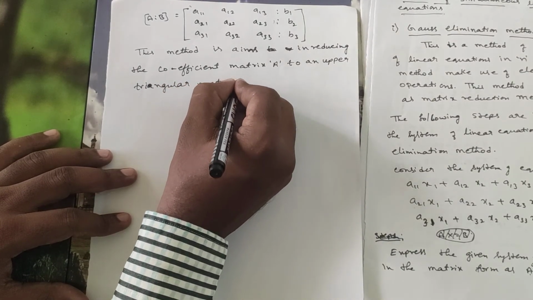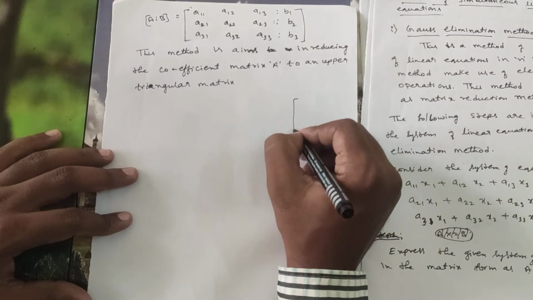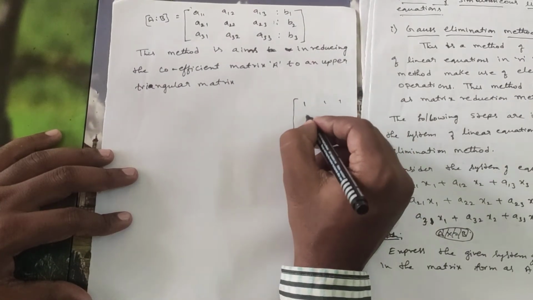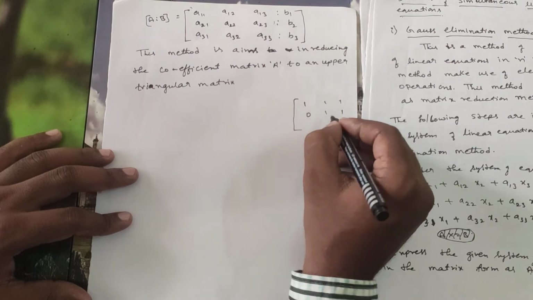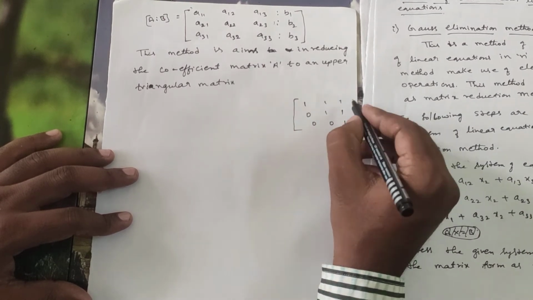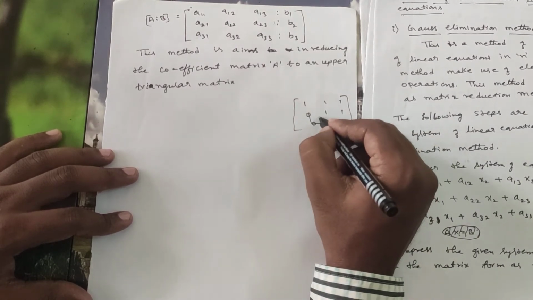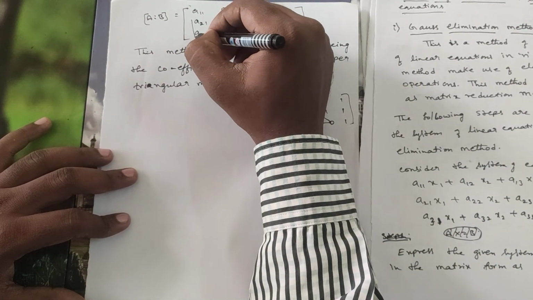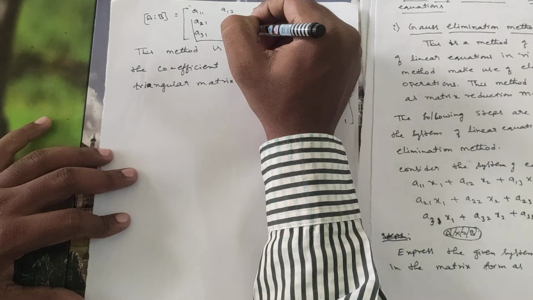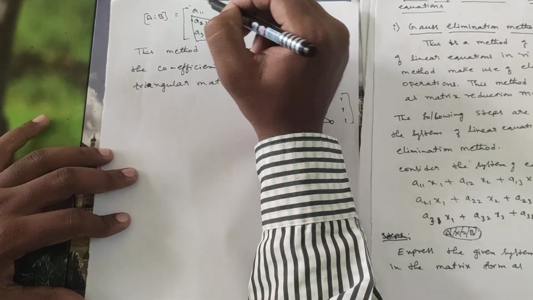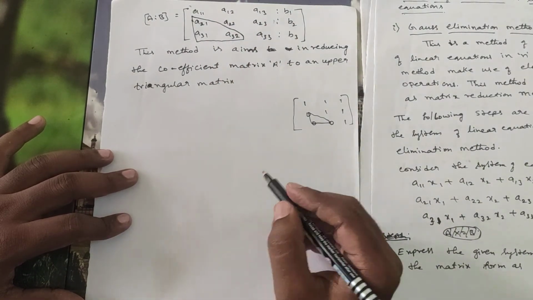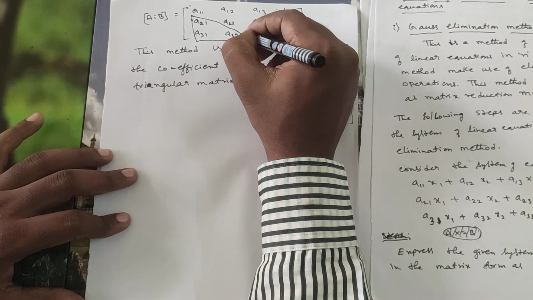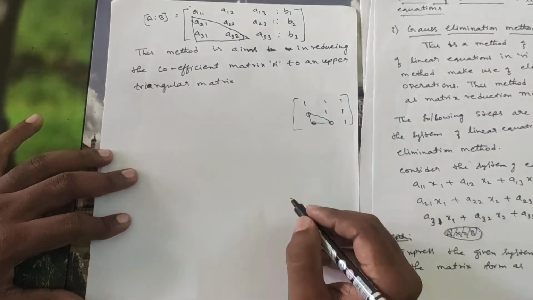What does an upper triangular matrix look like? Here 1 0 1, 1 0 0 1. It should be in this form. So here you have to make these elements 0. Remember that one, these elements you have to make 0.